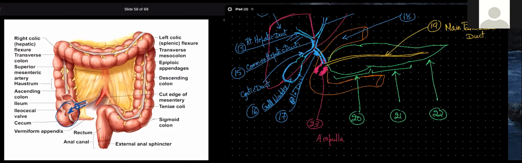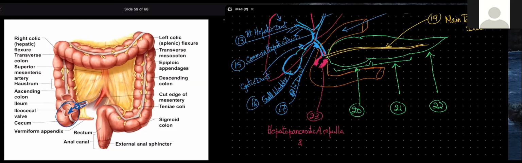And the ampulla that receives the liver secretions and the pancreatic secretions, we call it the hepatopancreatic ampulla. And remember, it's going to be surrounded by a muscle that allows the regulation of the passage of those secretions to the small intestine.